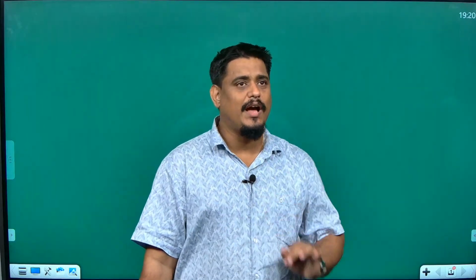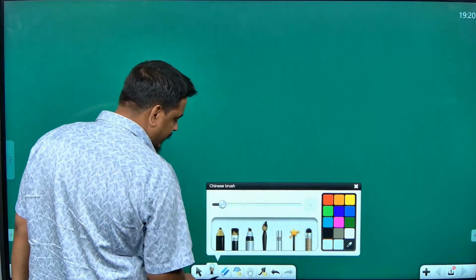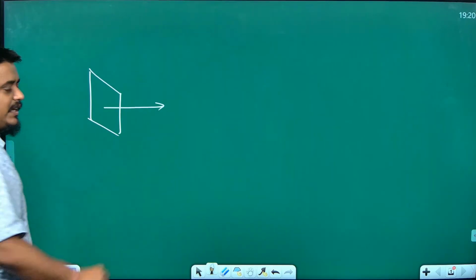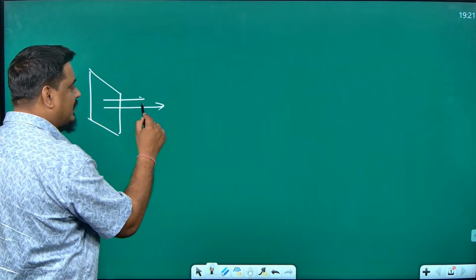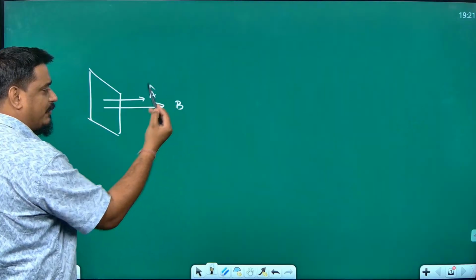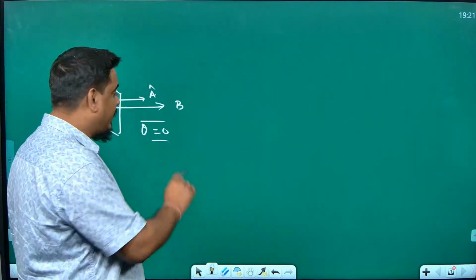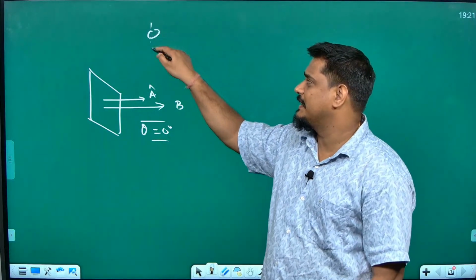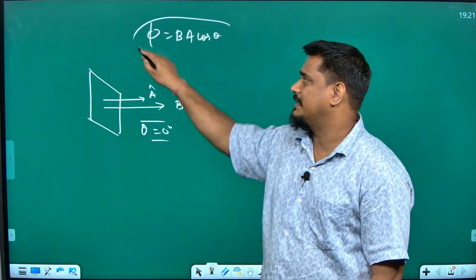If you have an area, and on this area you have magnetic field passing like this, don't think that theta is 90 degree, theta is 0 degree, because area vector is perpendicular to the area, and if this is magnetic field direction, then between them the angle is 0 degrees. Be very clear in that. So the formula of flux is phi is equal to BA cos theta.